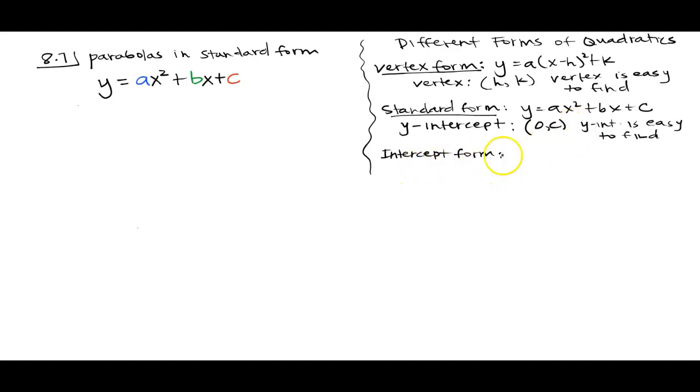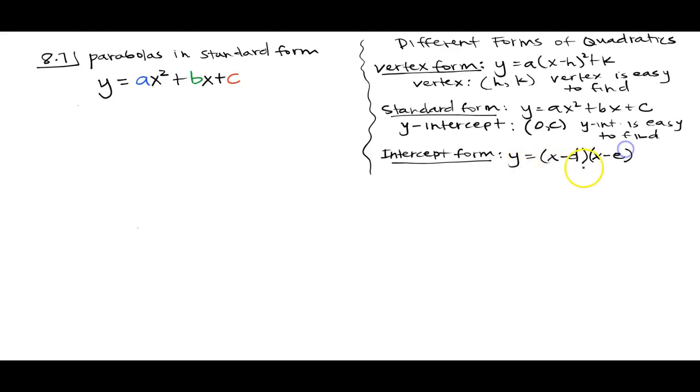Intercept form looks like y equals (x minus d) times (x minus e).